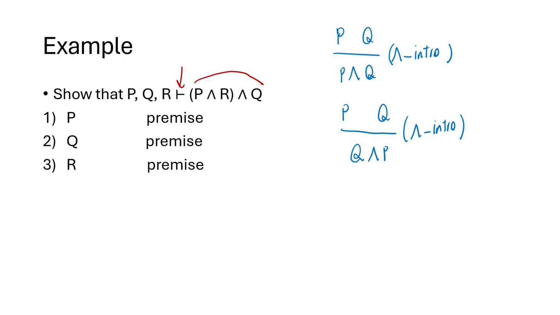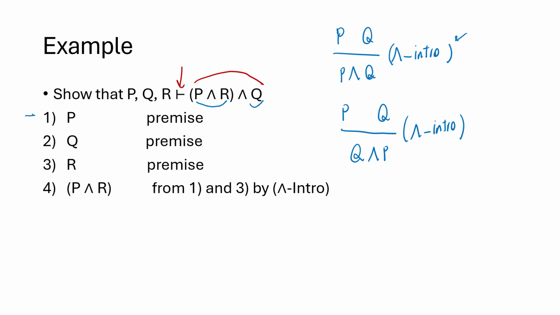Now, what can we do? And we have an eye on what we want to achieve at the end. So it's P and R and Q. So I say, okay, if I know P and I know R, I can construct P and R using this rule here, right? So I say I can infer P and R, and in front of it, I write my reasoning. I say, okay, this follows from line number 1 and line number 3 because we know P is true, and we also know R is true.